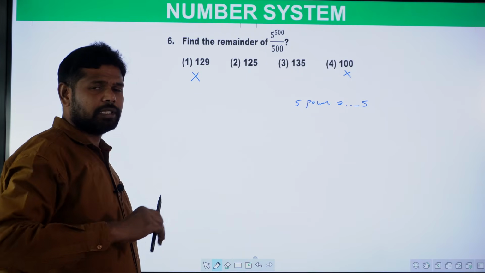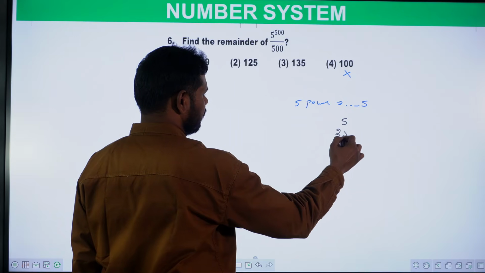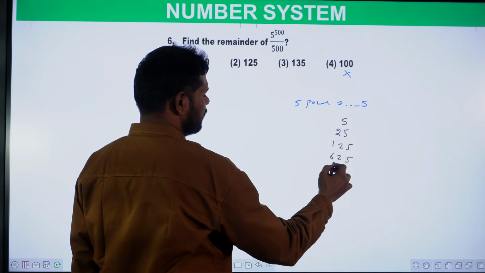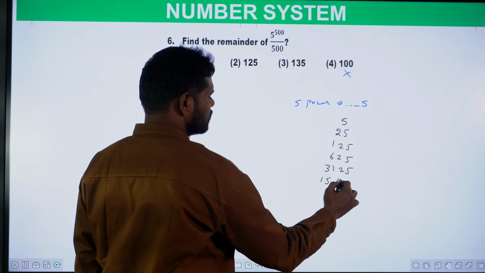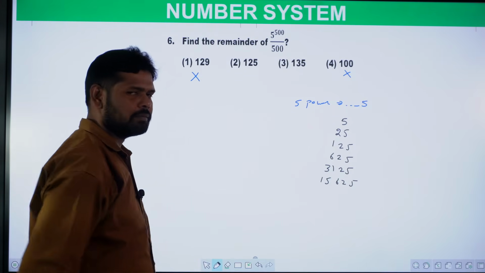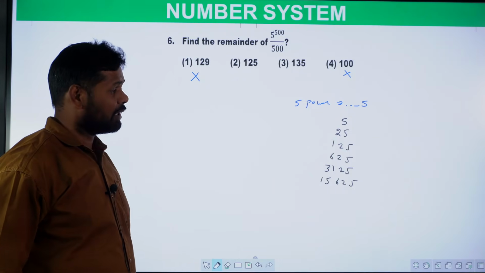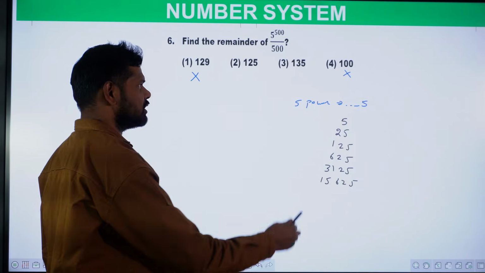And one more case is there. I write here 5 power 1 is 5, 5 square 25, 5 cube 125, 5 power 4 is 625, 5 power 5 is 3125, then 15625. Just observe the last two digits. Other than 5 power 1, all remaining have 25. Last two digits must be 25.